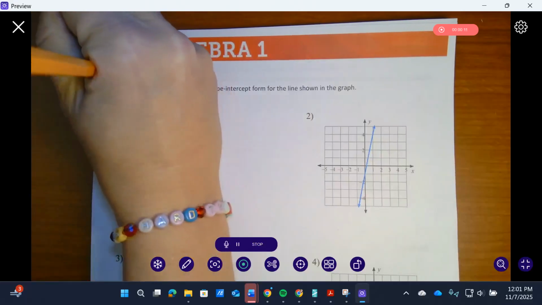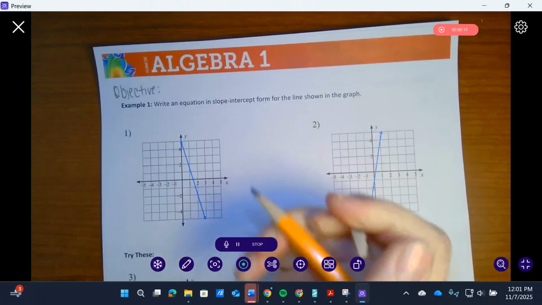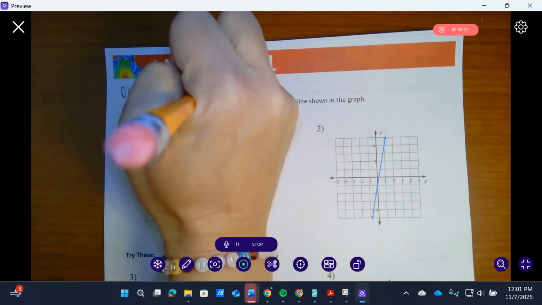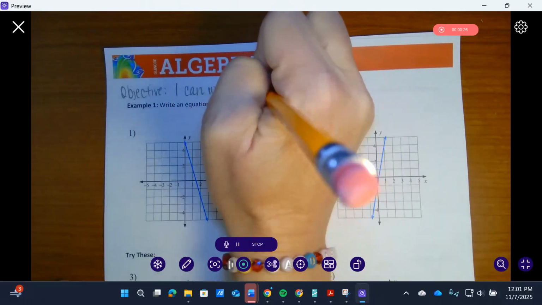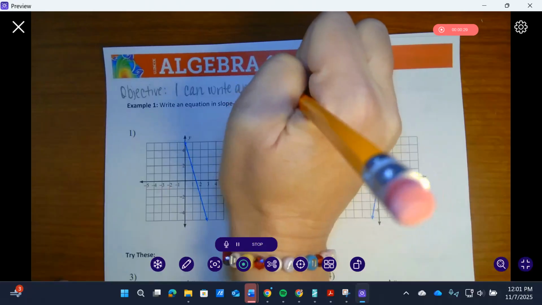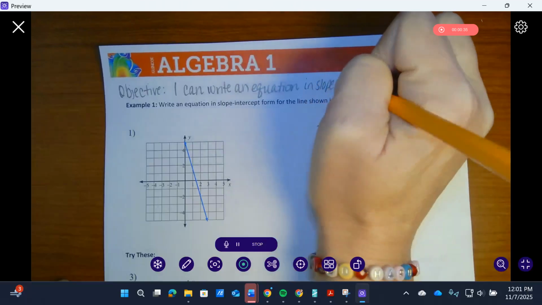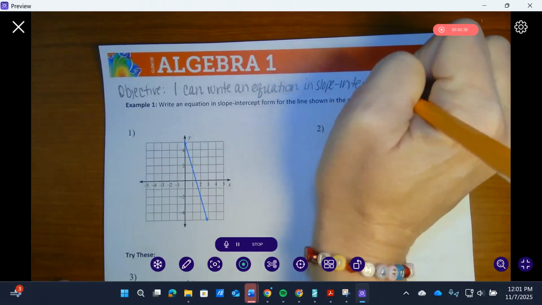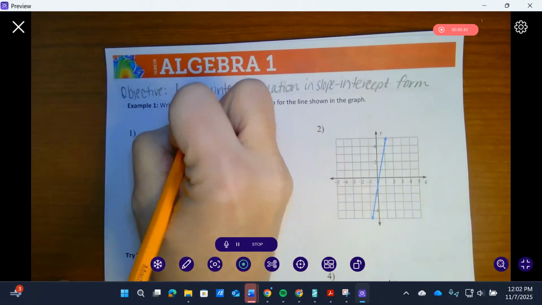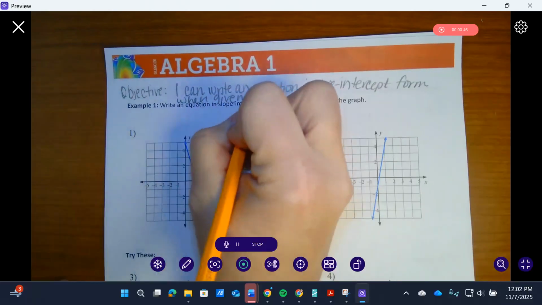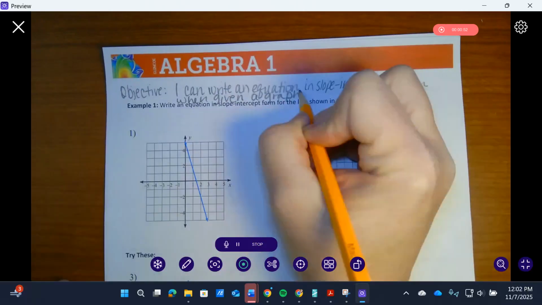So our objective, our goal, is I can write an equation in slope-intercept form when given a graph. Okay, we're writing an equation of a line.